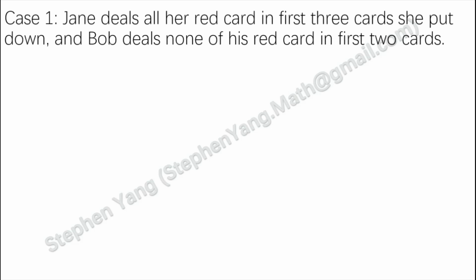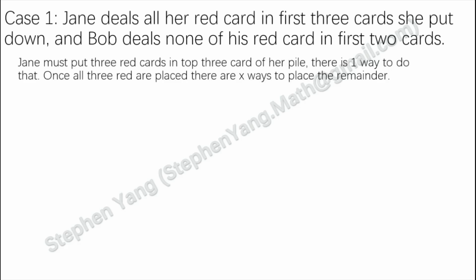So case 1. Jane deals all her red cards in the first 3 cards that she puts down, and Bob deals none of his red cards in his first 2 cards. So Jane must put 3 red cards in the top 3 cards of her pile, and there is only one way to do that. And once all 3 cards are placed, there will be x ways to place the remainder.